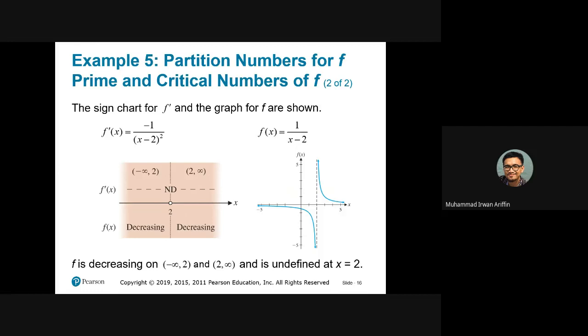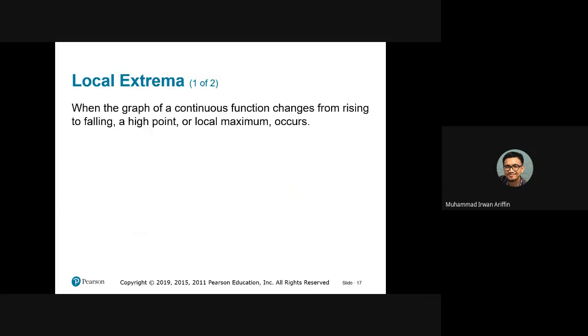Next would be the local extrema. When we have a graph of a continuous function that changes from rising to falling, a high point, or local maximum, occurs at that point. The function is continuous, it goes up, and suddenly it goes down.